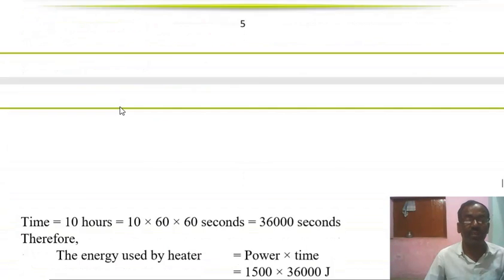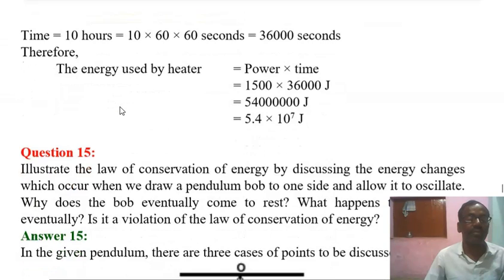Time equals 10 hours equals 10 into 60 into 60 seconds, and the energy used by the heater is power into time, that is, work.